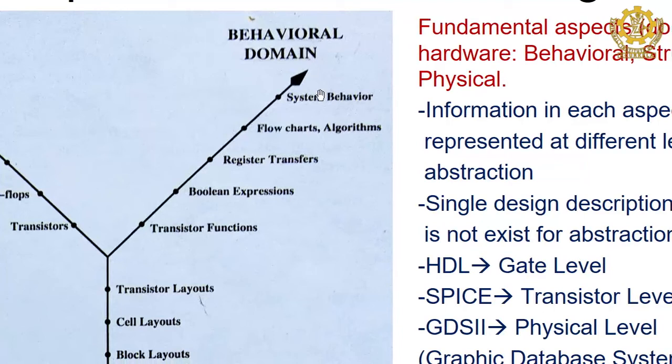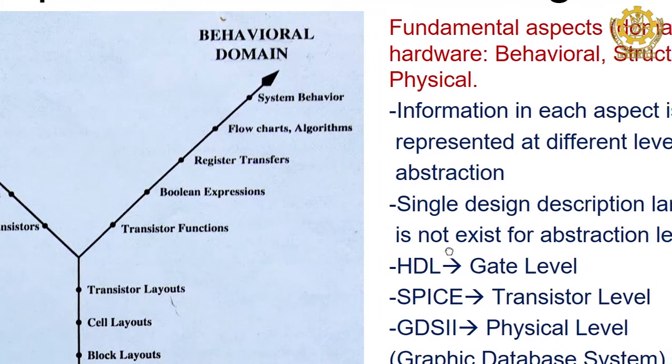In the behavioral domain, you have to specify the system behavior, and that can be further partitioned into flow charts or algorithms, which can be further partitioned into register transfer. Flow charts or algorithms can be rewritten by using register transfer level. Then register transfer can further be written using Boolean expressions. And finally the Boolean expressions have to be written in terms of transistor functions, which leads to a gate level design.